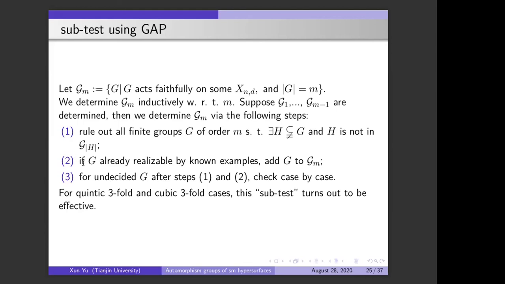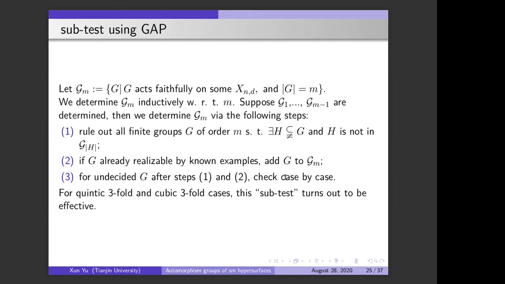Those are ruled out. Second step: if G survives step 1, meaning we cannot rule it out, and it is realizable by known examples, then we don't need to worry; we just put it in the list G_m. For the other undecided G after steps 1 and 2, we do a case by case check.